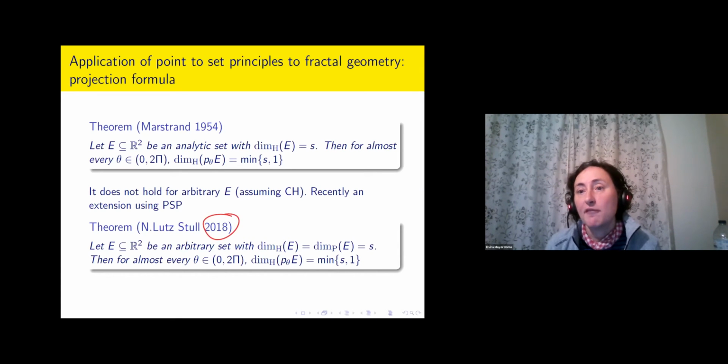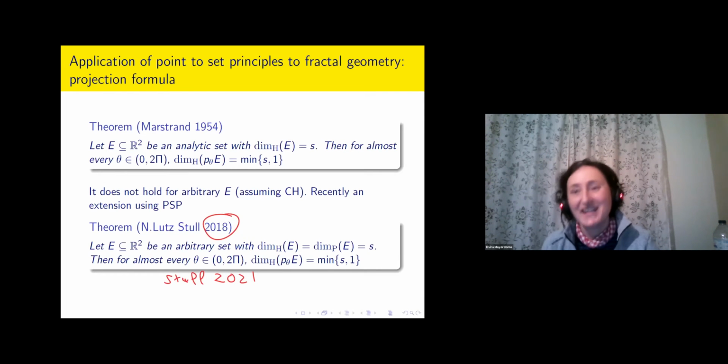There's been even a further result that I did not write. I don't know if it's written in the next slide, apologies, by Don Stull this year, from May, I think. What he has proven is an extension of both Marstrand's original result and the second result by Lutz and Stull.